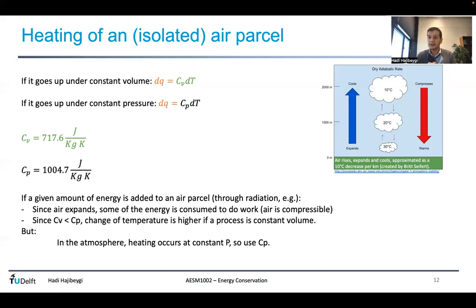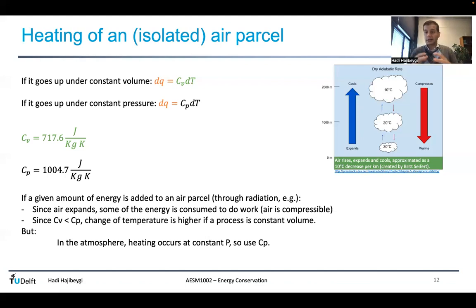It is a fact that the air parcel will change its elevation, either high or low, through a constant pressure process. So you would always use Cp dT to find out the heat exchange on that parcel and the consequences of that heat exchange to the temperature change of that parcel.